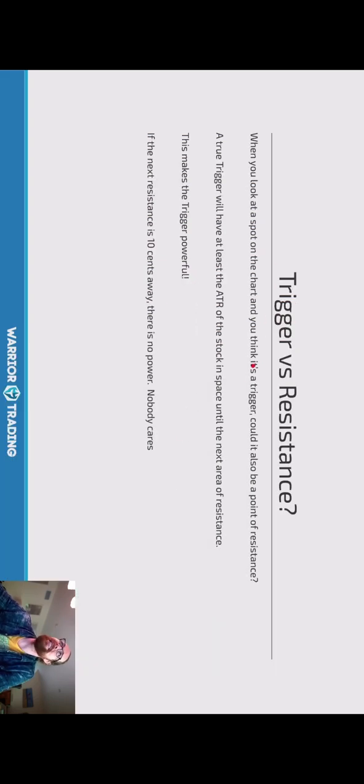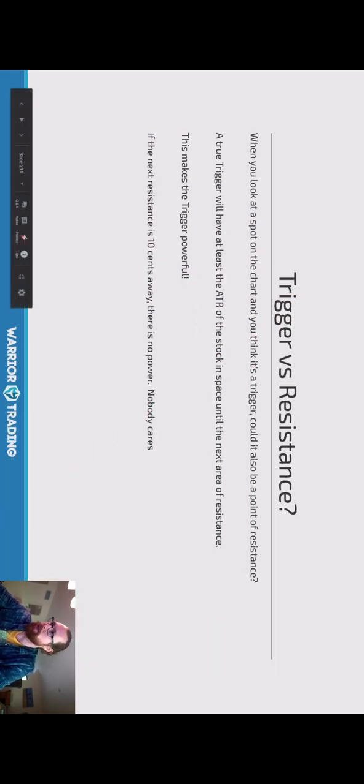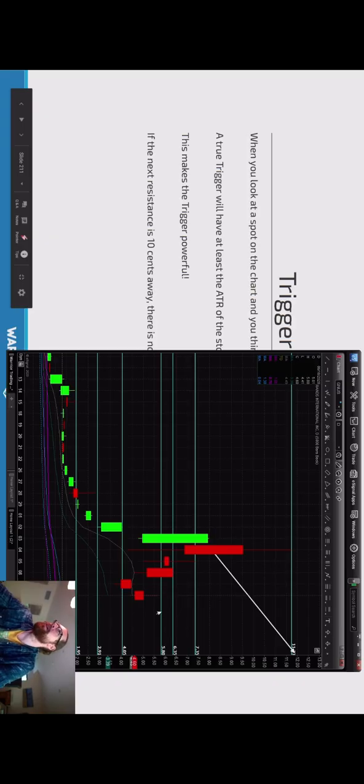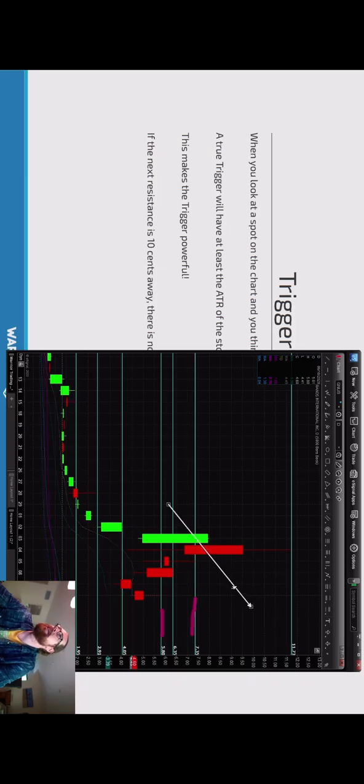So when is a line on the chart, like I just showed you, resistance, and when is it a trigger? Well, the truth is, any trigger can be a form of resistance as well. This has a lot of room above 735, but it could also be resistance. It could form resistance there.